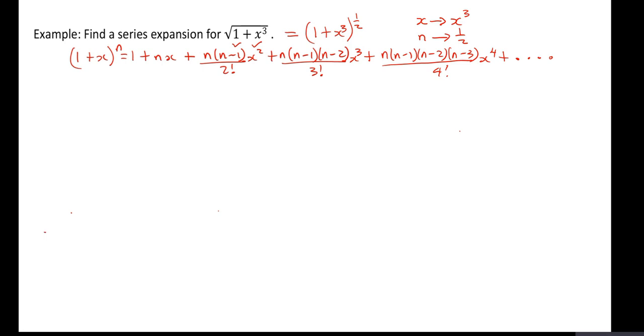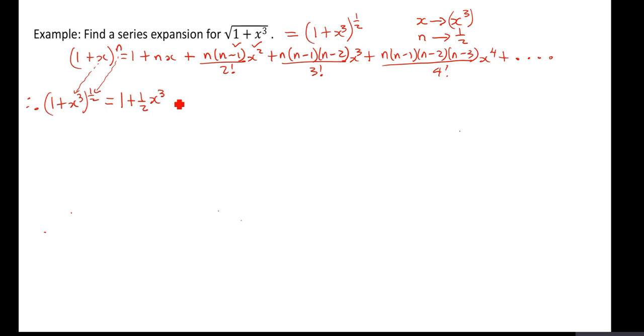Okay, getting back to this. Therefore, 1 plus x cubed to the power of half. Wherever I see x, replace by x cubed. Wherever I see n, replace by a half, so that will become 1 plus a half times x cubed, with the brackets.